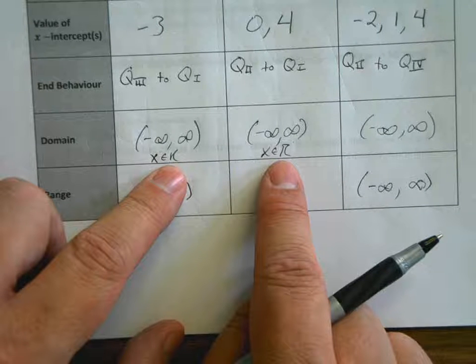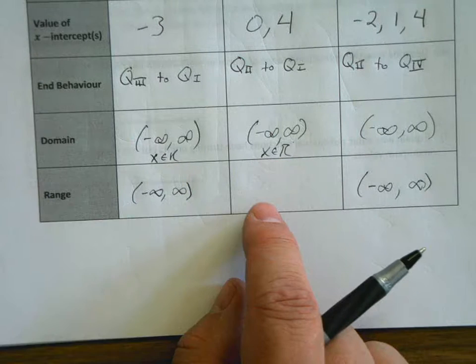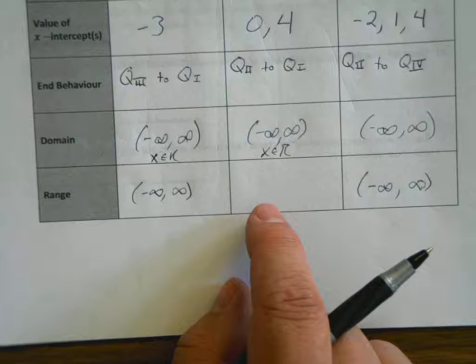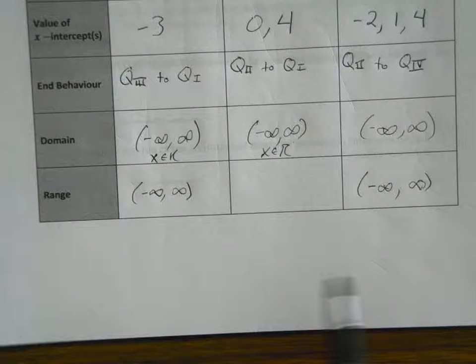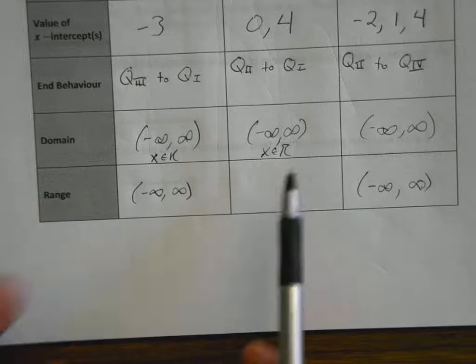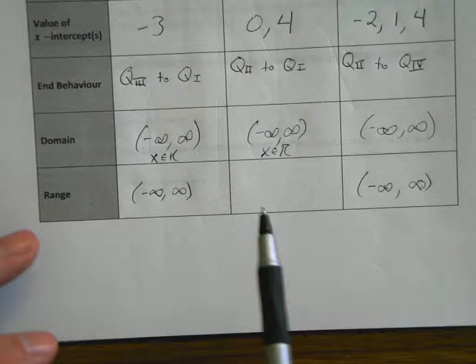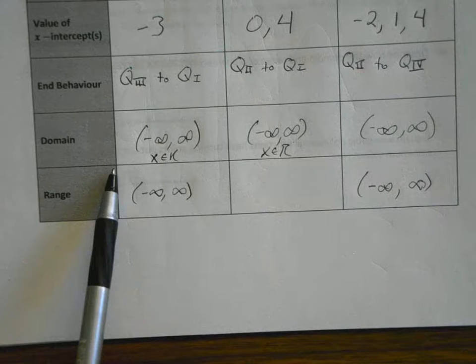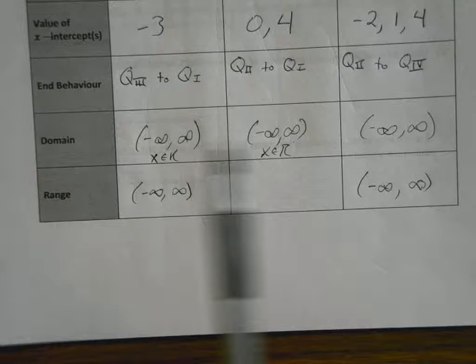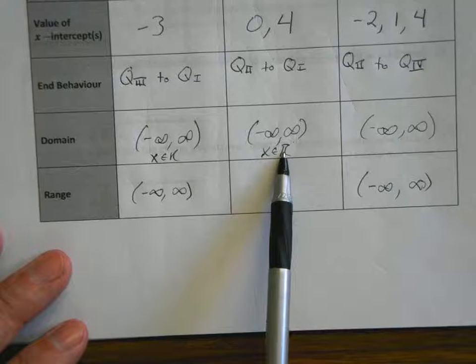If you want to give your domain in interval notation and put the range in set notation, no problem. But don't do both for the same one. The reason I say that is for your exam. If you give me both and one of the two of them is incorrect, the whole thing is incorrect. So pick the one you're more comfortable with and just put that down.